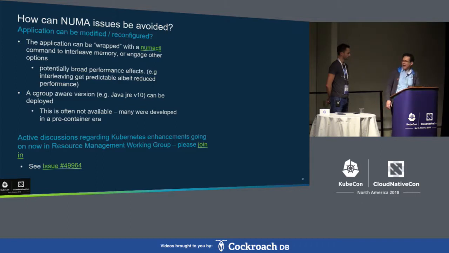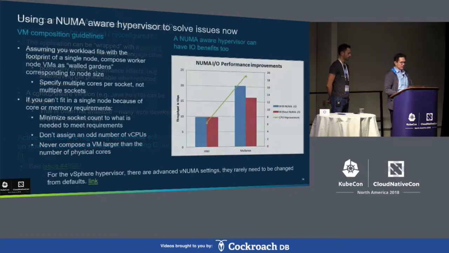You don't have control over that. Maybe in your organization, you've standardized on something else. And there are non-Java things that encounter this same kind of issue. There are active talks going on in enhancing these kinds of NUMA behaviors in the resource management working group, and you'll get the deck later, and the link is live here if you want to read more about it.